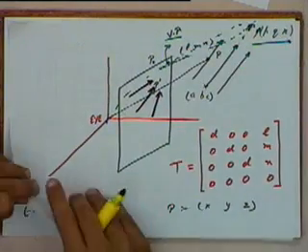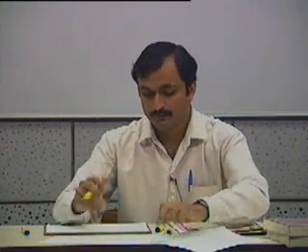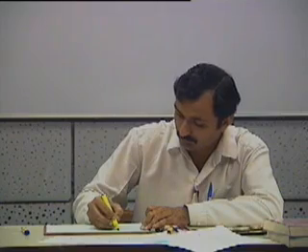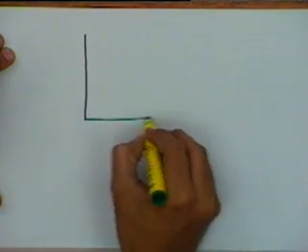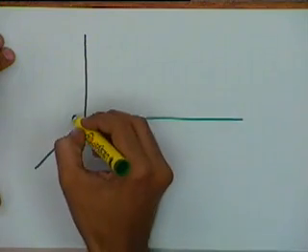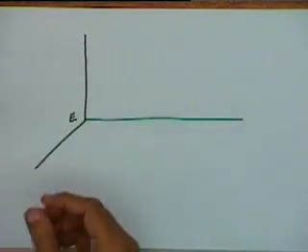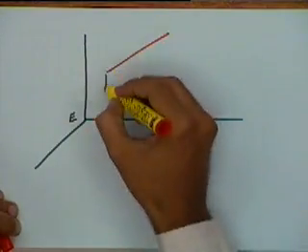See how I define my perspective view. Let's say these are my axes, this is my eye, and I have an arbitrary projecting plane like this.